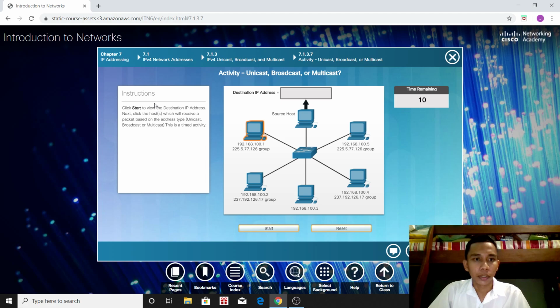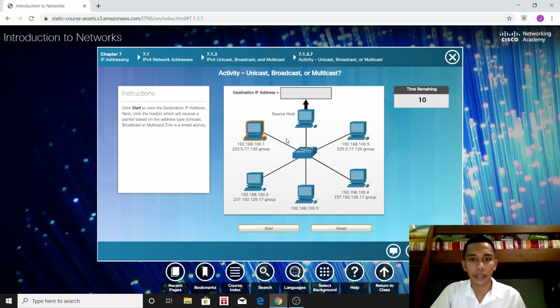The instruction is to click start to view the destination IP address. Next, click the host which will receive a packet based on the address type, unicast, broadcast, or multicast. This is a timed activity.